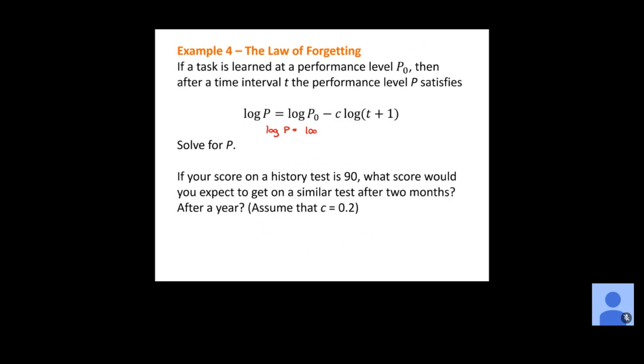So we're going to have log P sub 0 minus log of T plus 1 to the C power. Now that I've taken care of my exponents, I have subtraction, so that's going to become division. So we'll have the log of P is equal to the log of P sub 0 divided by T plus 1 to the C power.